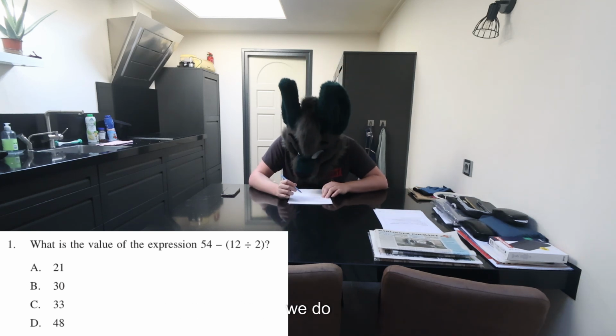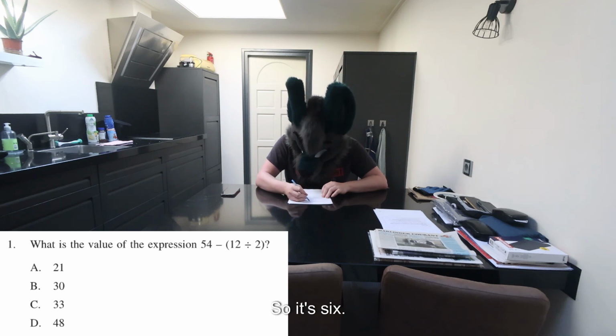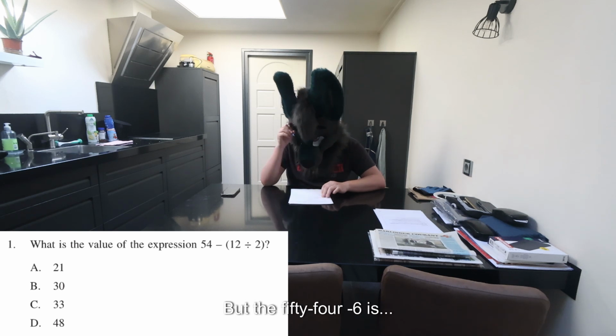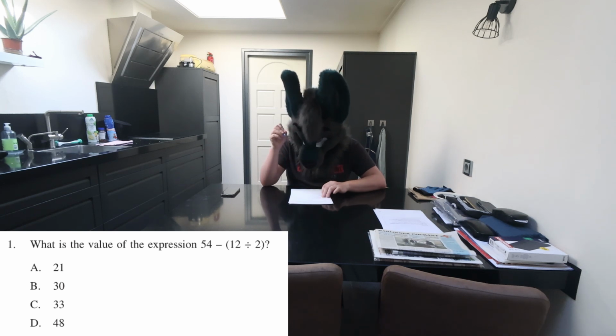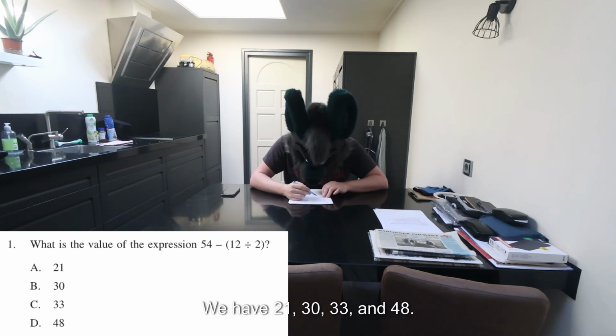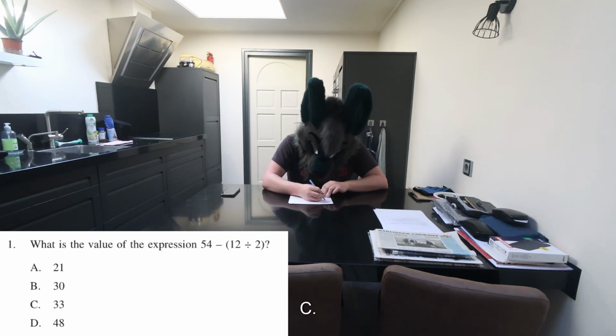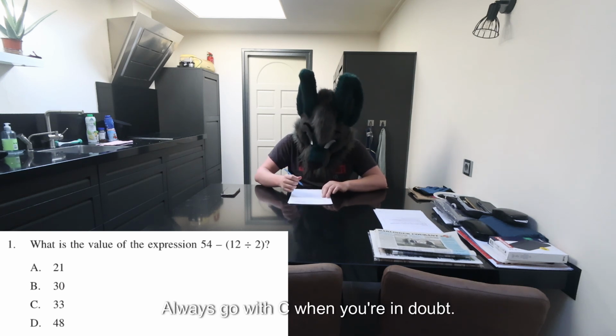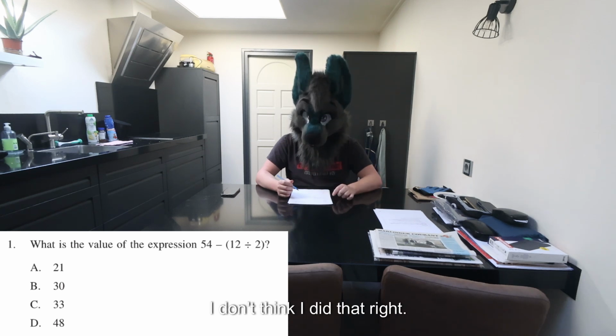Okay, so we do 12 divided by 2. That's 6, but 54 minus 6 is, that's not an option. We have 21, 30, 33, and 48. C, always go with C when you're in doubt. I don't think I did that right.